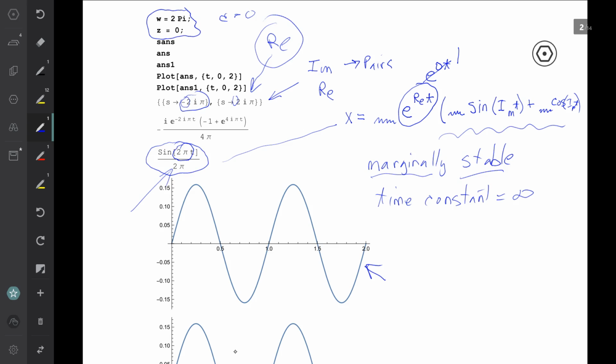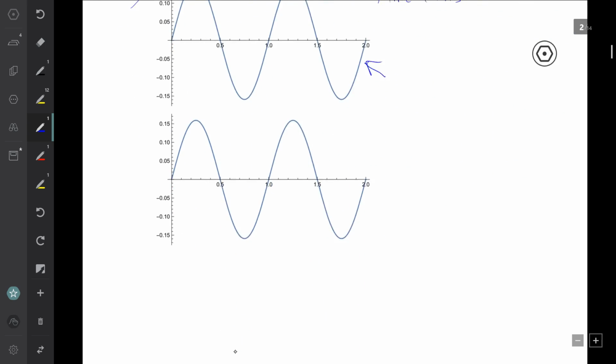The other thing I might ask is, does it want to oscillate? Yes, it does. How do you know? Because it has some imaginary terms on the S, which means that it will have some sines and cosines in the solution. So it has a desire to oscillate. You can see that it is. So those are the kinds of information I'm going to ask you about in the S equation.